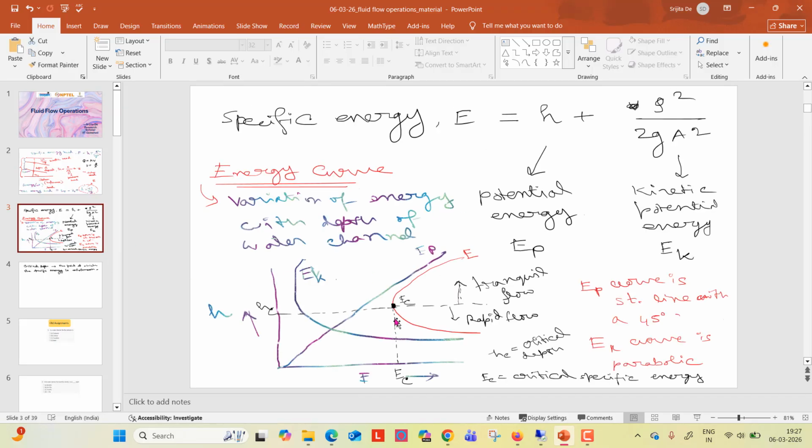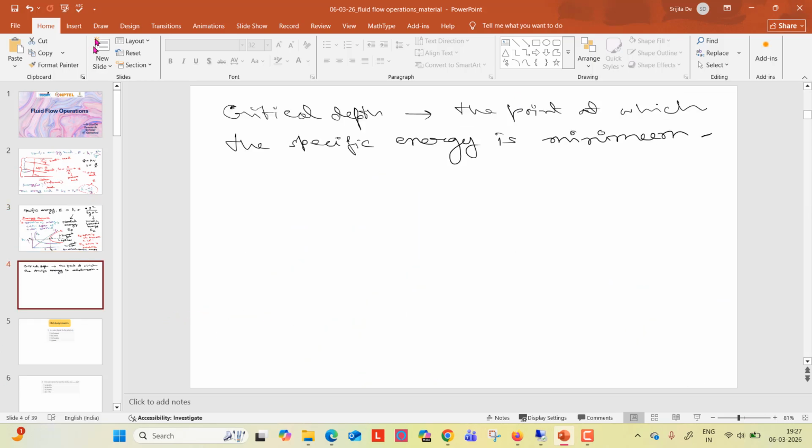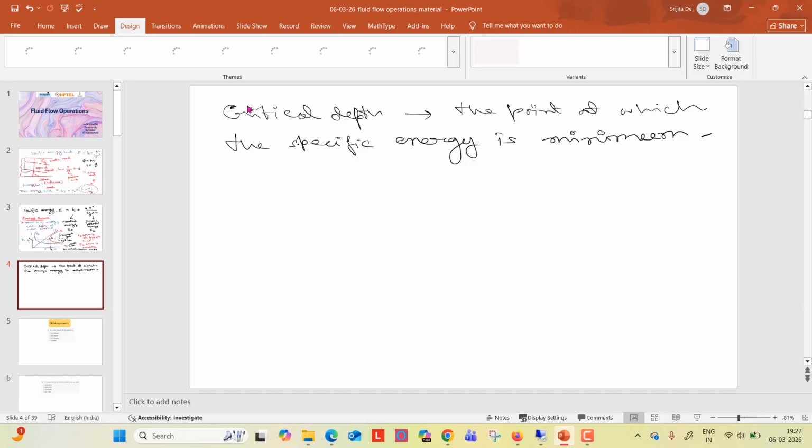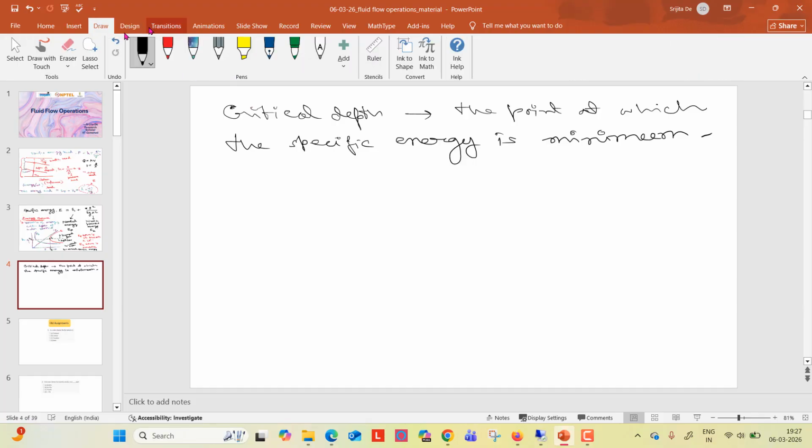So now how can you calculate this expression? That means at Hc, specific energy is minimum. That means dE by dH will be 0, right?